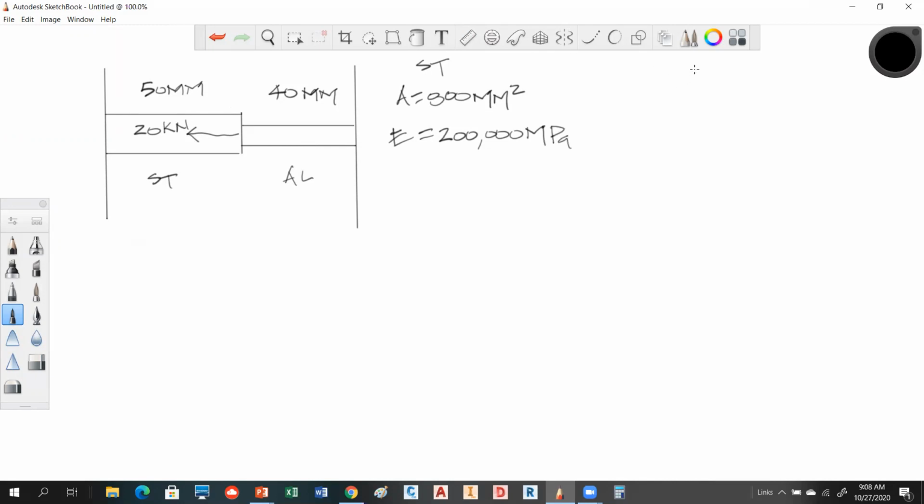For the aluminum, we're going to have a smaller area, 400 millimeters squared, and an E value of 70,000 megapascals. Okay, so there's our values.